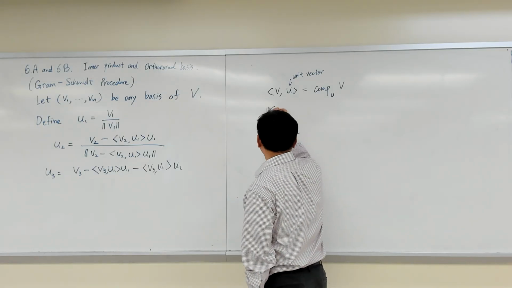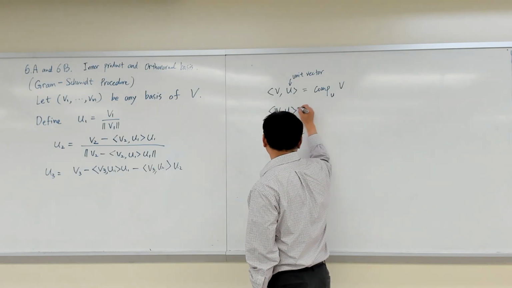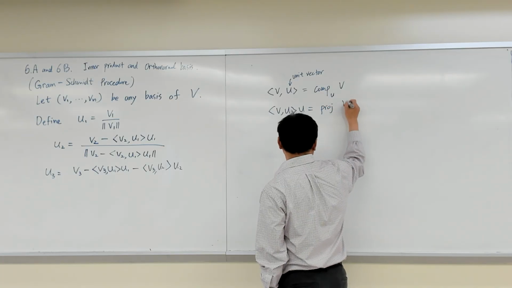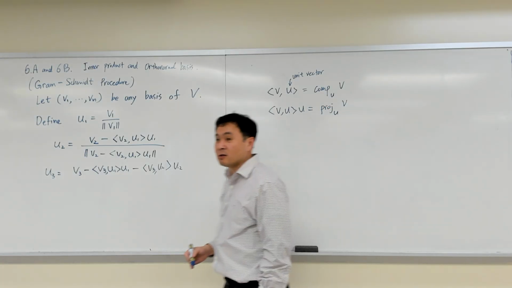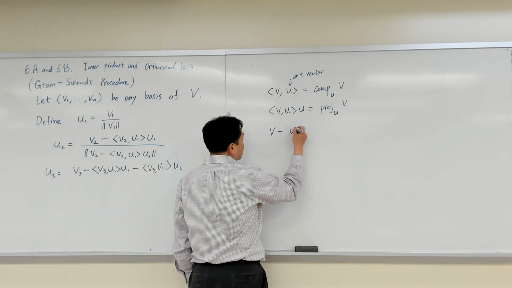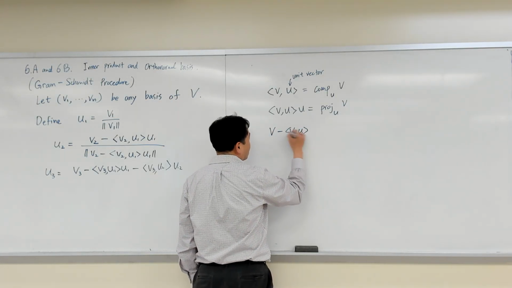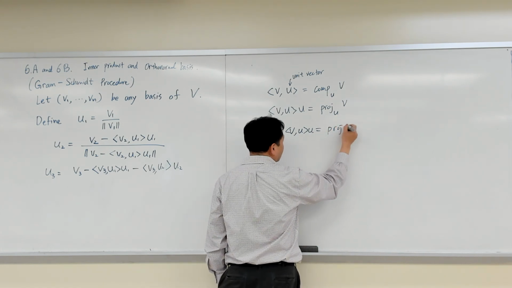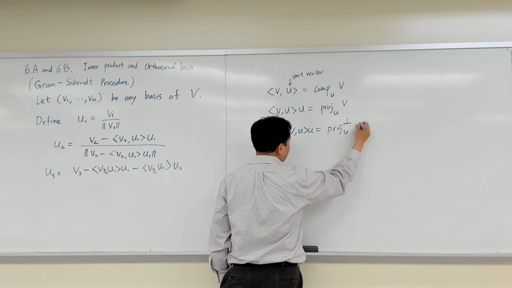And if u is a unit vector, this one is known as the projection of v onto u. And then v minus (v, u)u is known as the projection perpendicular to u.